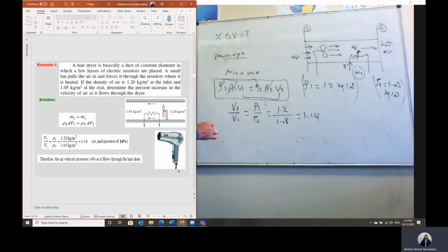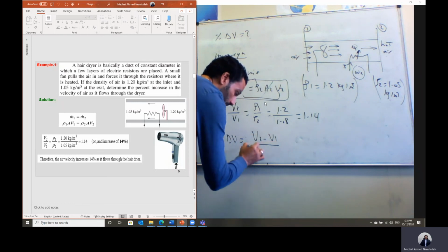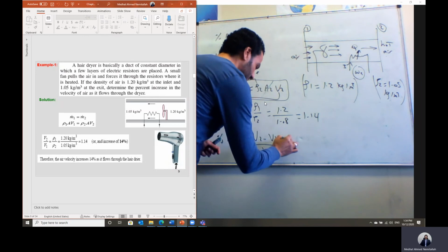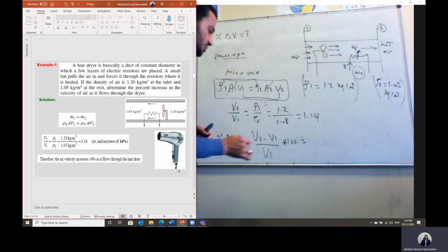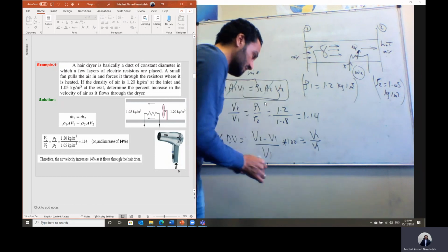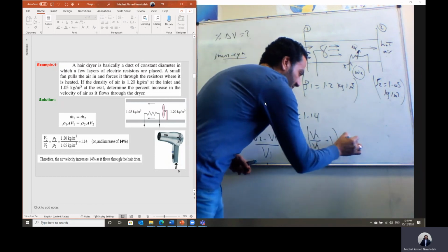So what is the percentage increase in the velocity? It will equal V2 minus V1 with respect to V1, multiplied by 100. That equals V2 divided by V1 minus V1 over V1, which is 1 in this case, multiplied by 100.